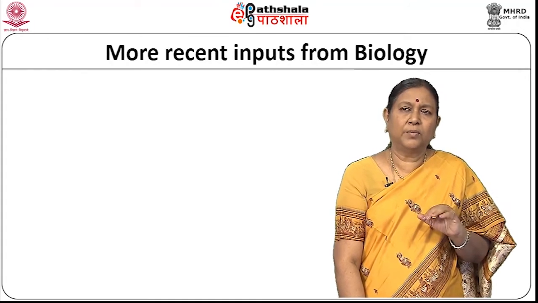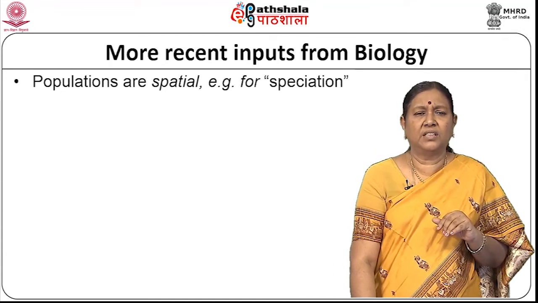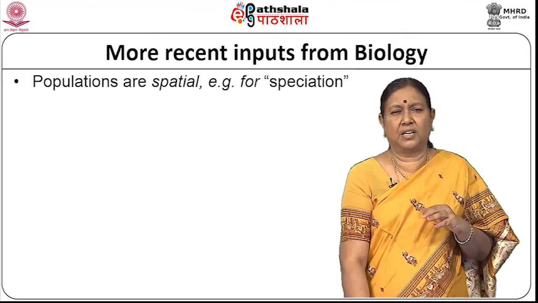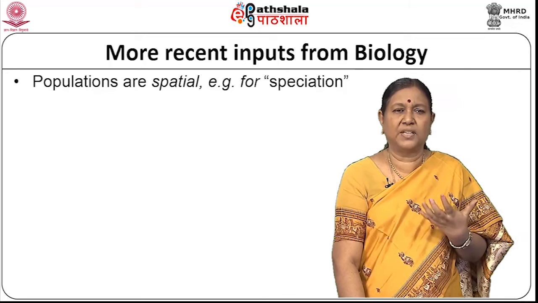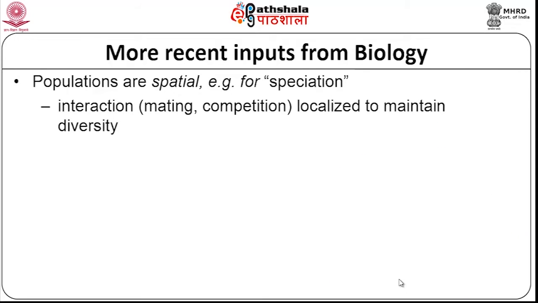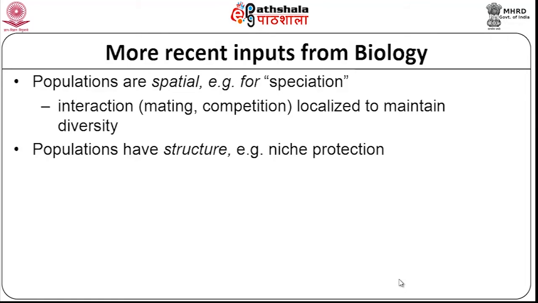So what are the most recent inputs from biology? Populations are spatial, for example in speciation. Can you use that information? Interaction, mating and competition are localized to maintain diversity. We are talking about the biological aspect here: the mating and the competition are more among local individuals, and populations have structure, that is, there is niche protection.